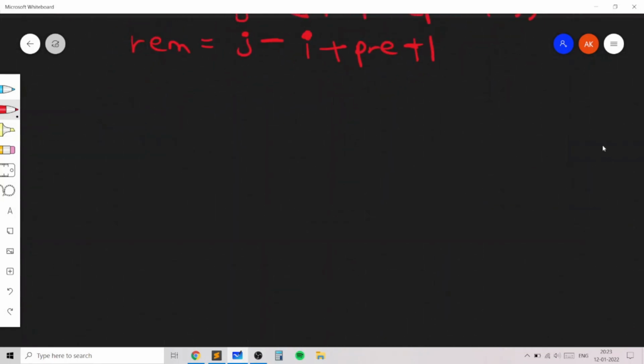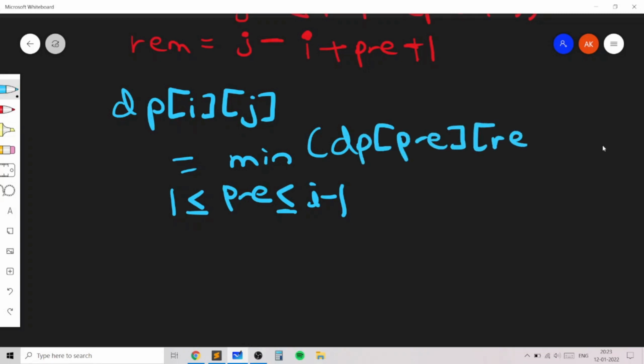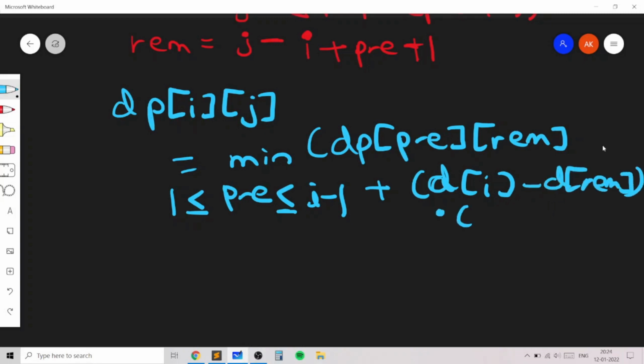So formalizing the final value of the recurrence, the final value of dpij is equal to the min over all pre going from 1 till I minus 1, because that's the previous value which you can stop at, and the value is given by dp pre of rem plus the time taken to go from pre to I, which is just given by the distance of I minus the distance of pre, that's the distance traveled, and the speed is given by a of pre.